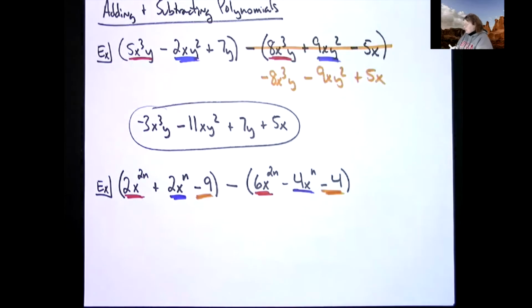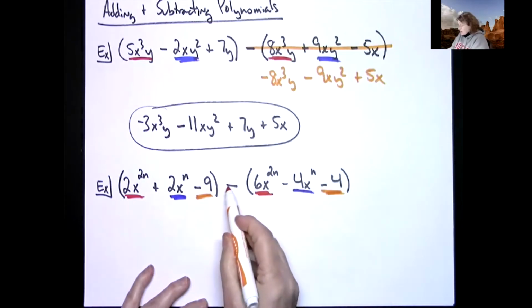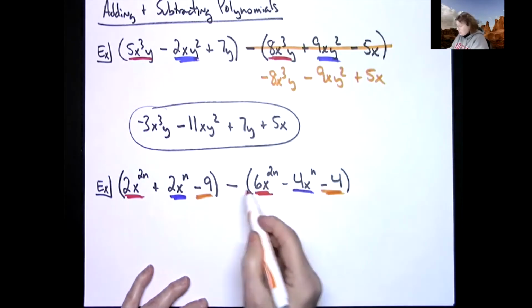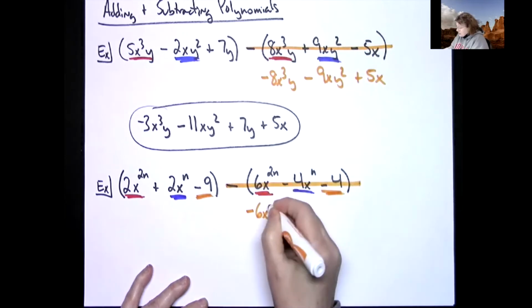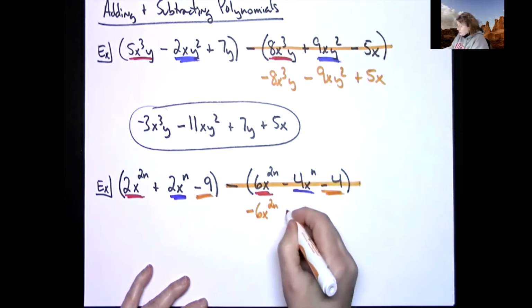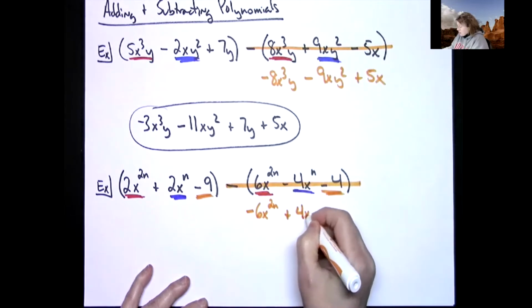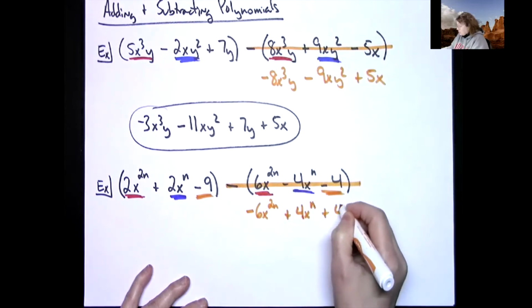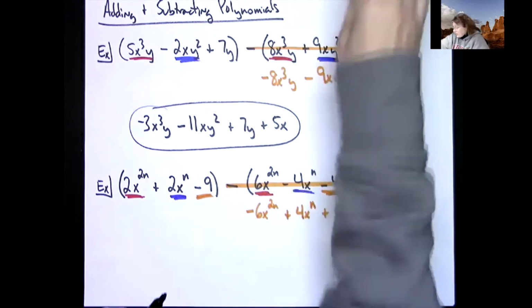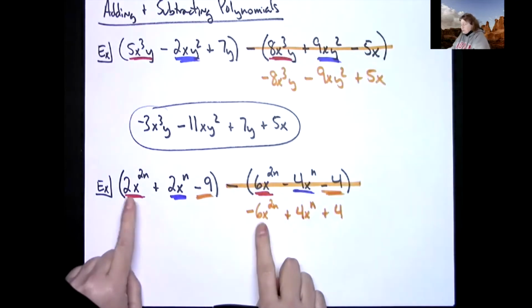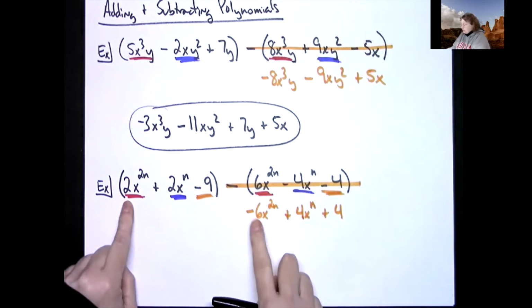Again, this is a minus, so I need to remember to change all the signs. So this is a minus 6x raised to the 2n, a plus 4x to the n, and a plus 4. It changes all the signs. Then I put my like terms together. So this is a 2 and a negative 6.